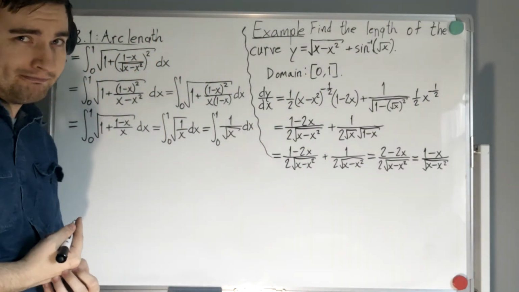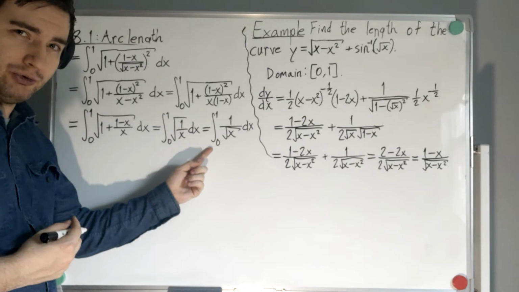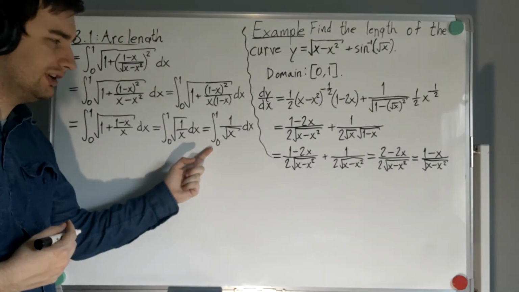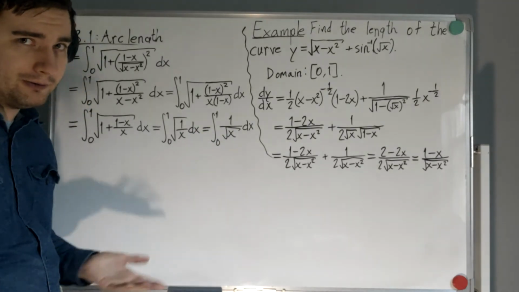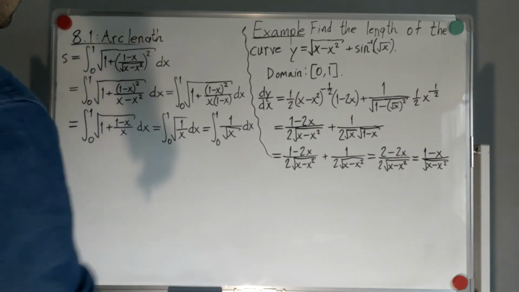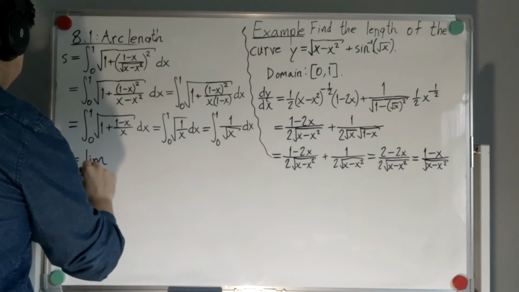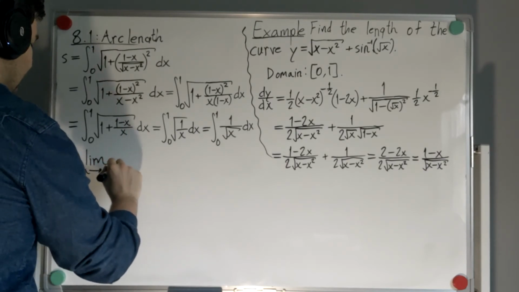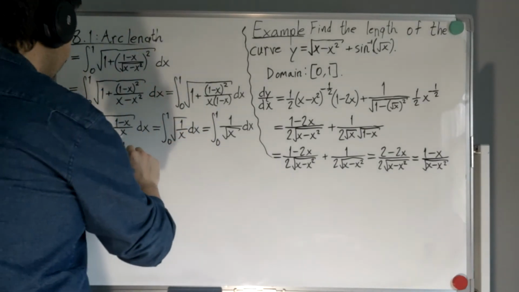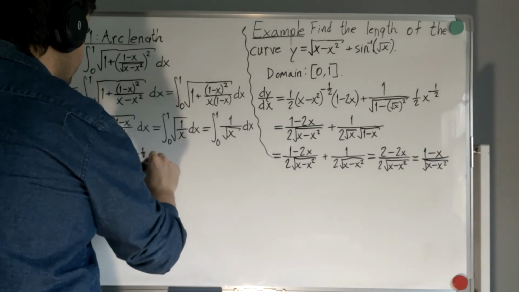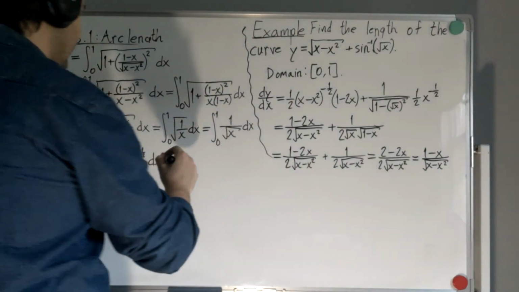Now at this point, you should notice something weird. This is an improper integral. The integrand is not defined at 0. And therefore, we're going to have to do it like an improper integral. So, this is the limit as, I'm going to call it a, approaches 0 from the positive side of the integral from a up to 1 of, let's see, 1 over root x can be rewritten as x to the negative 1/2. You do this antiderivative by taking the power rule.